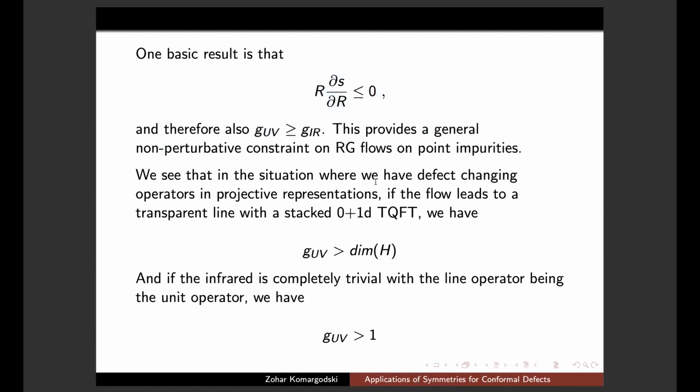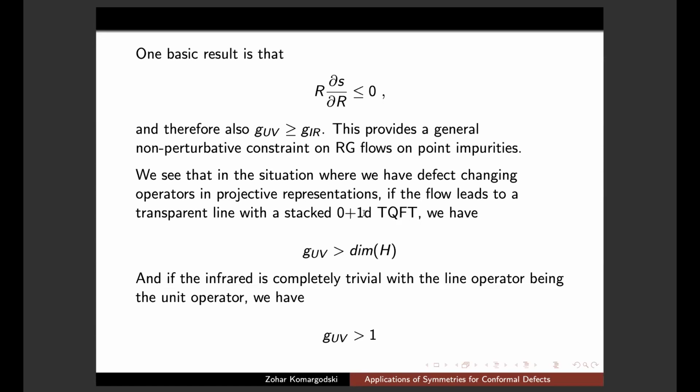And now, using the previous claims, we can convert these things into actual inequalities about RG flows, and they will have implications for magnets, both of them. So first, we can say that if we have a defect where the defect changing operators are in projective representations, then we already said that the flow cannot end with a unit operator.